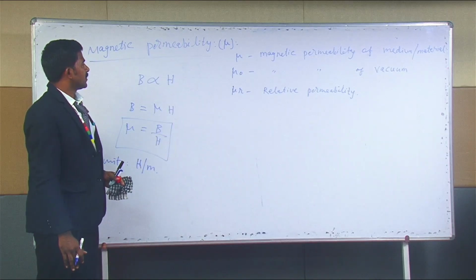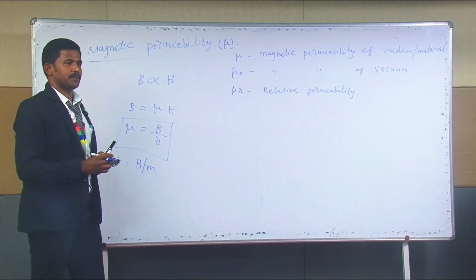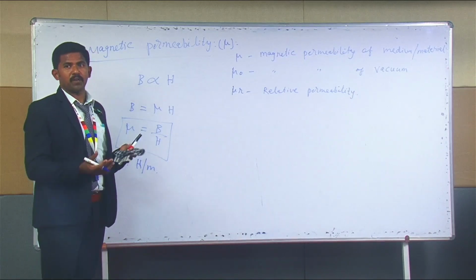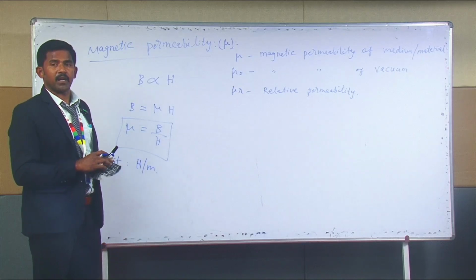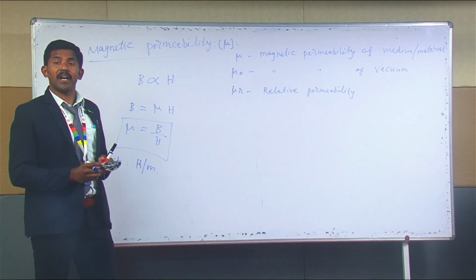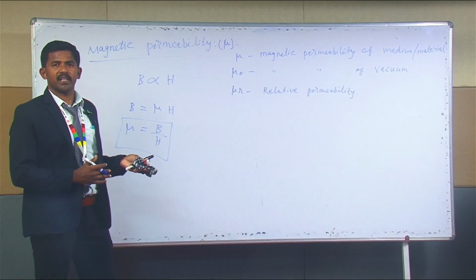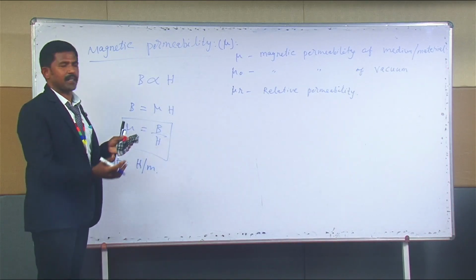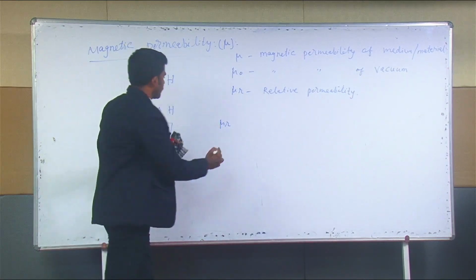These days, since we have introduced more magnetic materials and modern devices, modern characteristics, they are classified with respect to the magnetic dipole moment, whether permanent magnetic dipole moments are present or not. We will discuss that later.